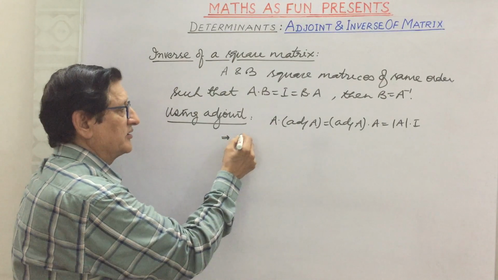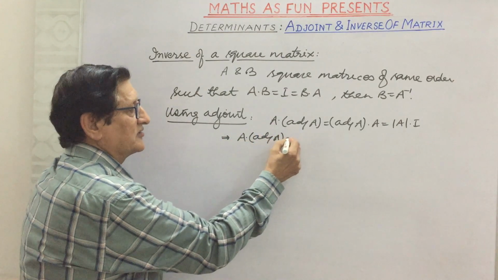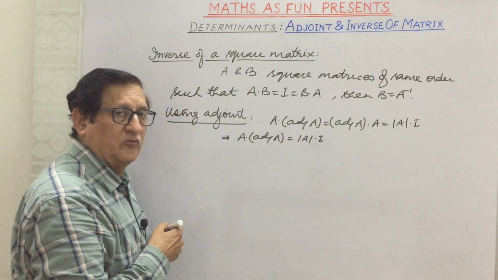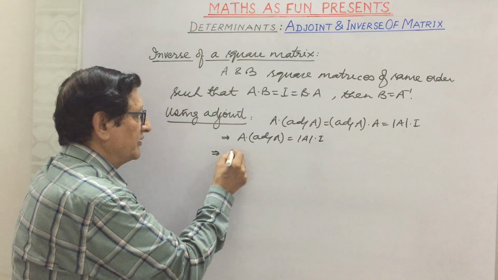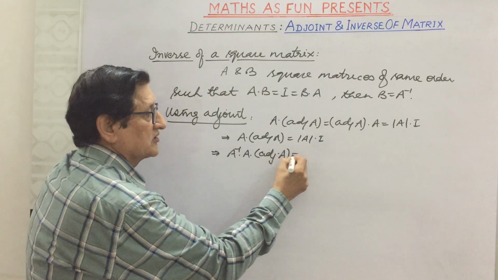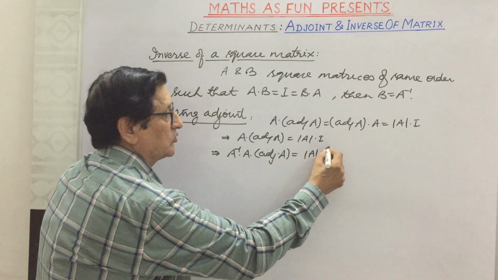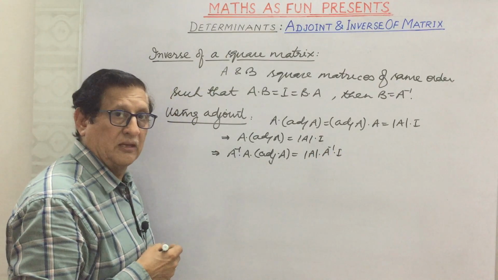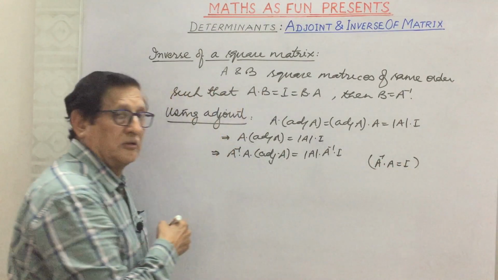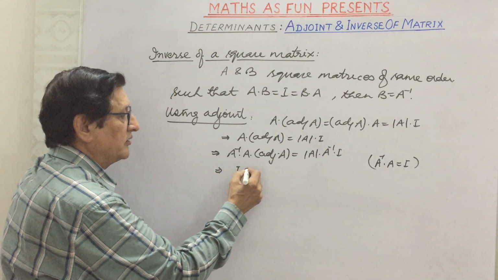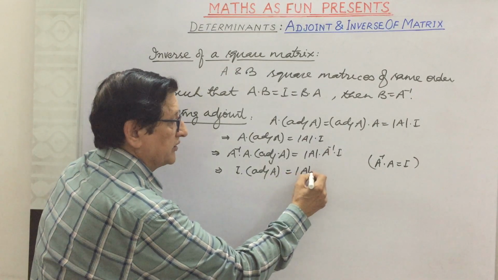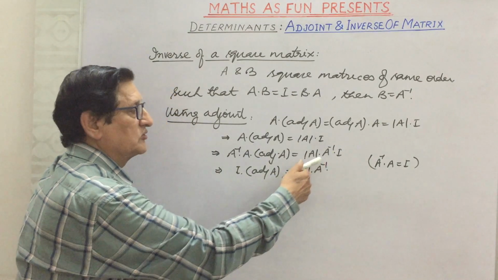If we take the left hand side here, A into adjoint A is equal to determinant A into I, and multiply on both the sides by A inverse, we will find A inverse into A into adjoint A is same as determinant A into A inverse into I. We know that A inverse into A is equal to I. So we can write here, this is I into adjoint A is equal to determinant A into A inverse, because A inverse into I is A inverse.